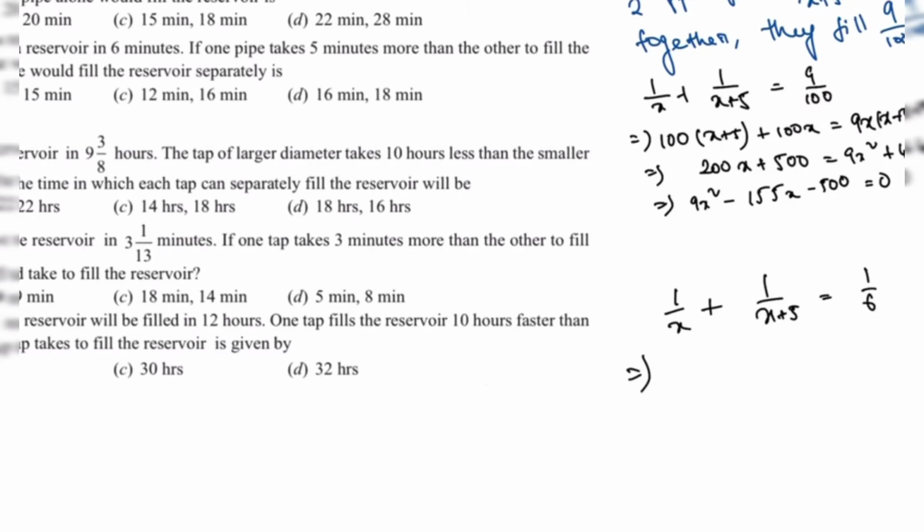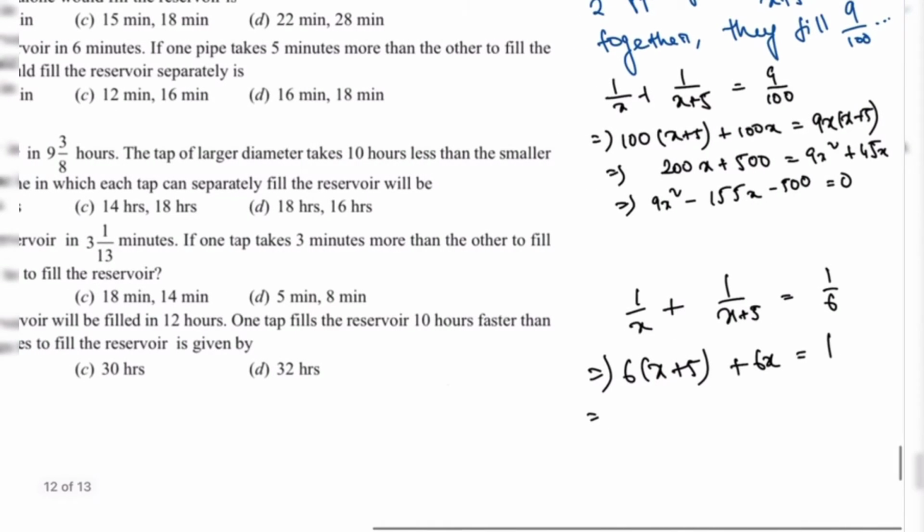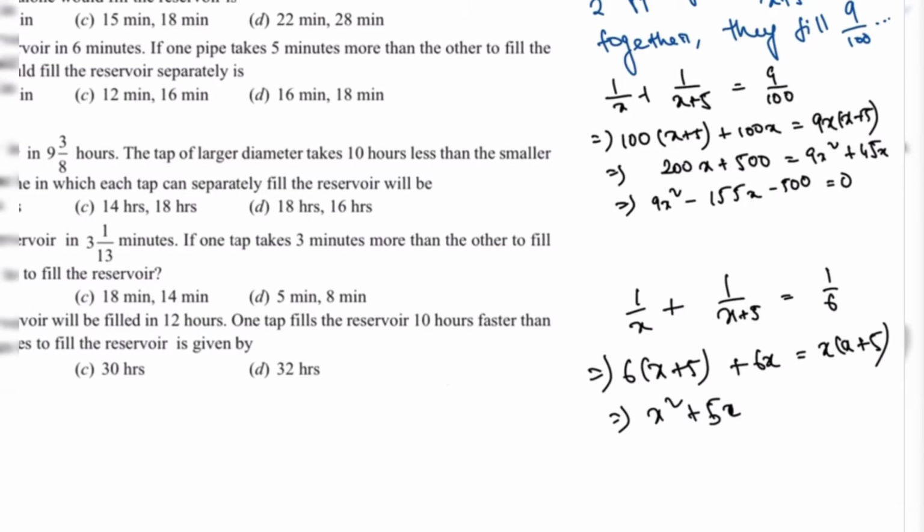That will give us 6 times x plus 5 plus 6x, that is equal to x times x plus 5. Alright, so x square plus 5x is the right hand side of the above line, and then you have 12x plus 30, which implies x square minus 7x minus 30 is 0.